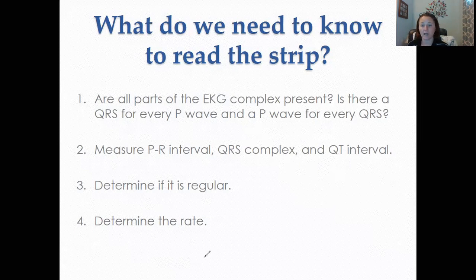As we said, every single full complex should have a P wave, QRS complex, and T wave. If you're looking at a strip, does every EKG complex have that P, QRS, T? Next up, we're going to measure the PR interval, QRS complex, and the QT interval and determine if those are normal.